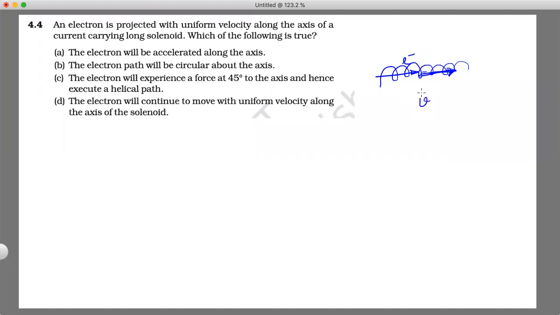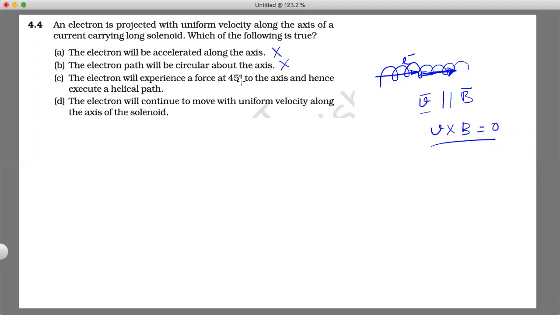So V is parallel to the B. The velocity of the electron is parallel to the magnetic field. And we know from the Lorentz force equation that if they are parallel, then V cross B is 0. So there is no force. So it cannot be accelerated. That is untrue. If there is no acceleration, it can't be a circular path.